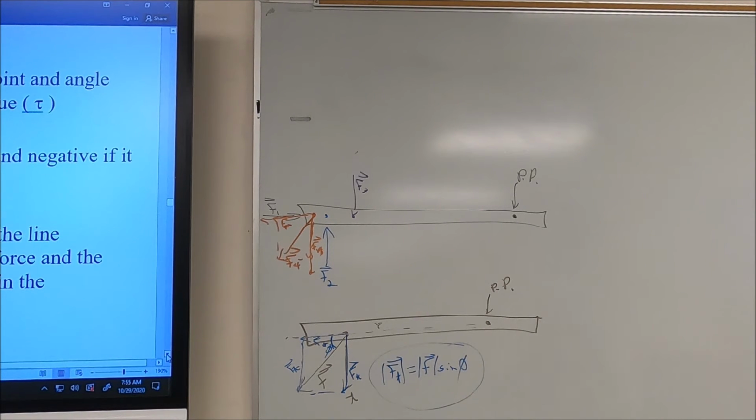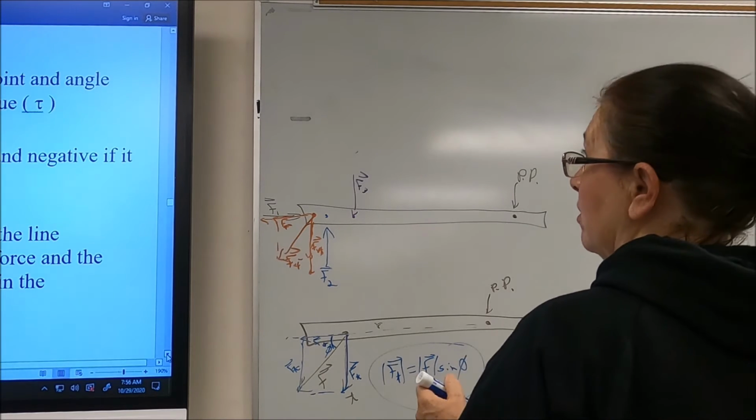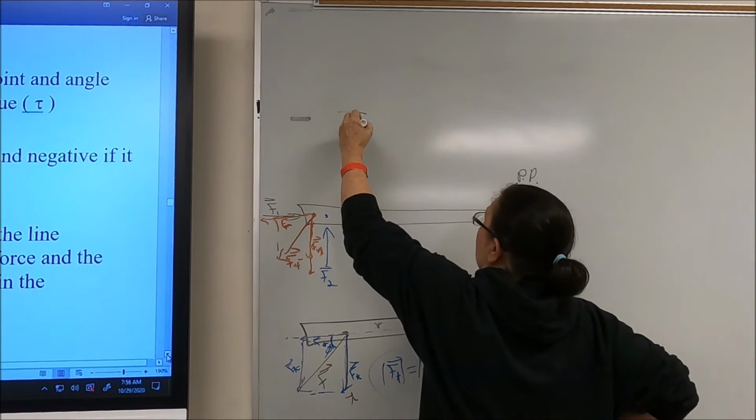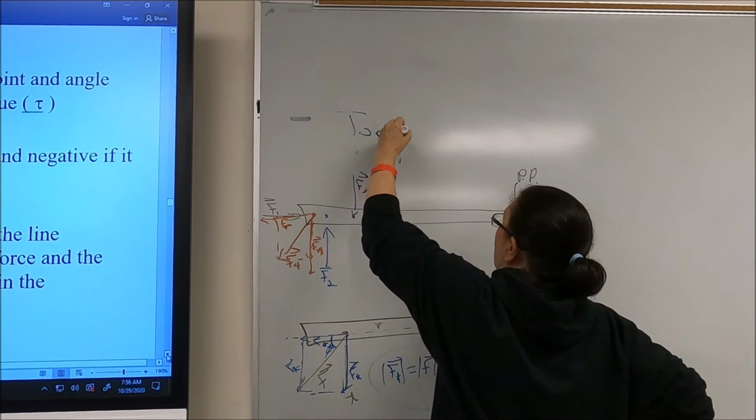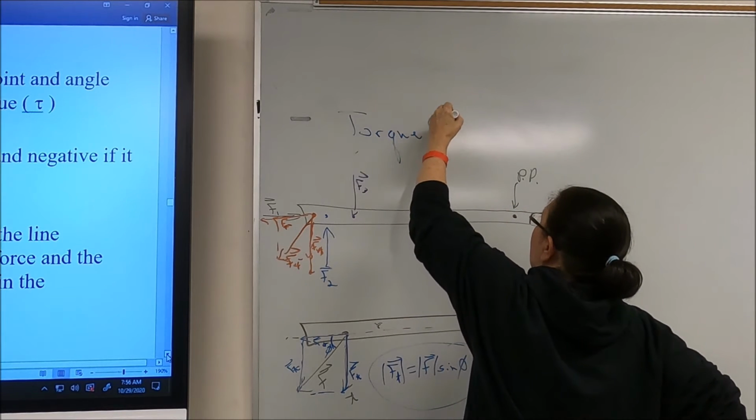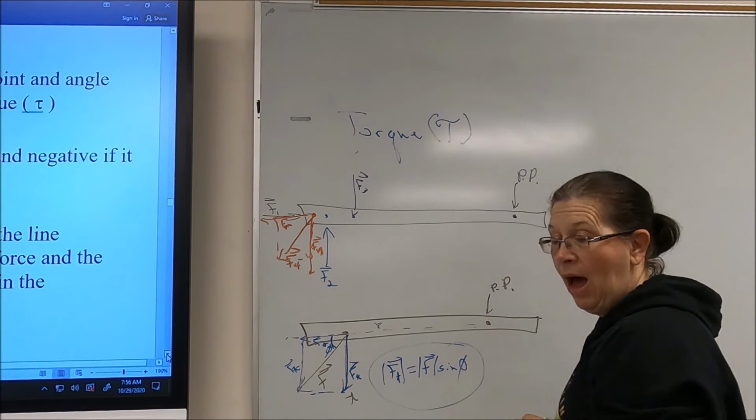Now, if we combine the magnitude of that force tangential with its location from the pivot point, we get something called torque, T-O-R-Q-U-E. Its symbol is a capital tau.